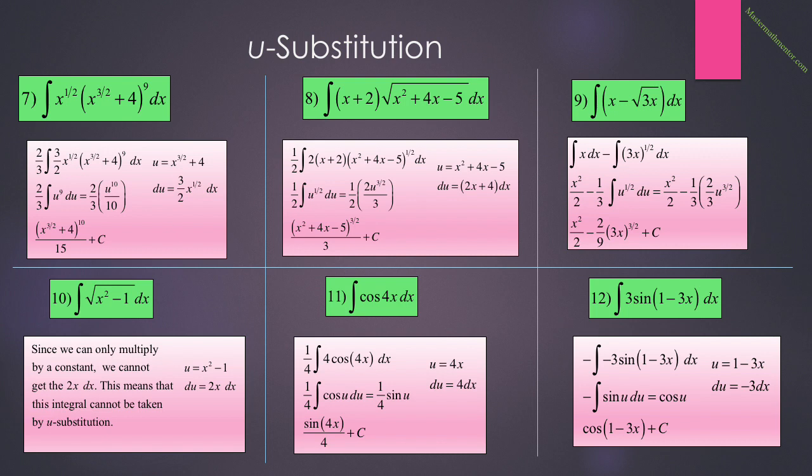And the integral of sine is negative cosine, so this problem becomes cosine of u. Final answer, cosine of the quantity 1 minus 3x plus c. Taking the derivative of that, we get negative sine of 1 minus 3x times negative 3. The negatives cancel and we're left with 3 sine of 1 minus 3x, where we started.